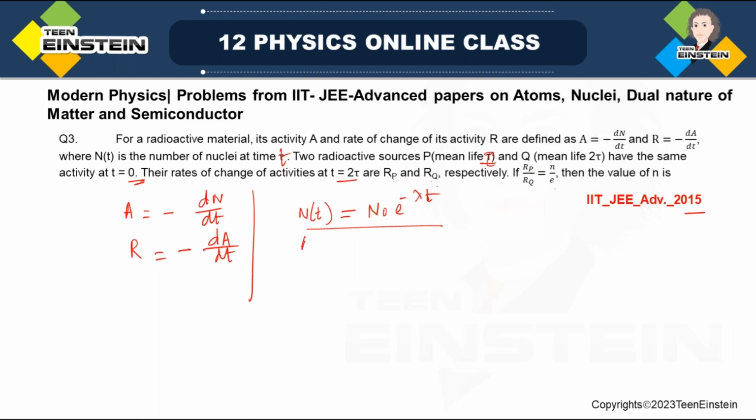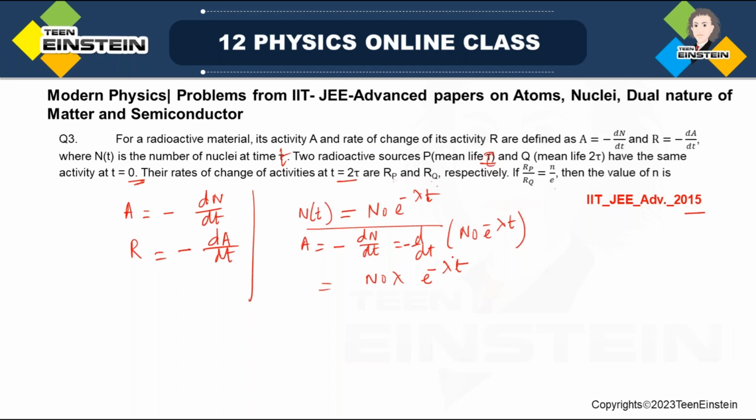If we write A, A is minus dN by dt, so the minus is there already. So d by dt of n0 e to the power minus lambda t. So what we get here is n0 lambda e to the power minus lambda t.